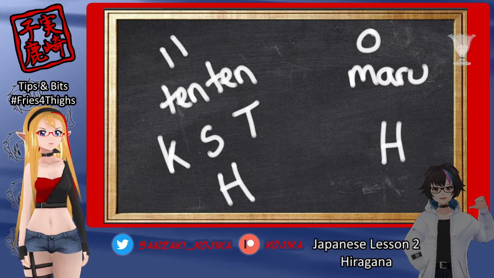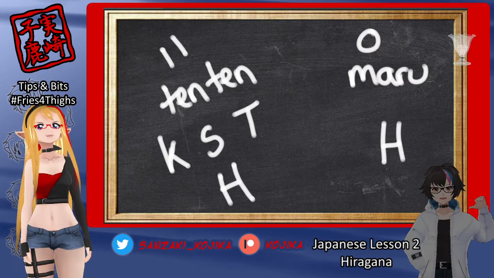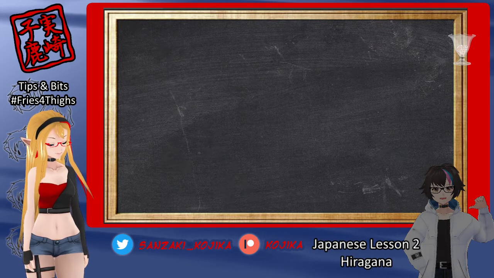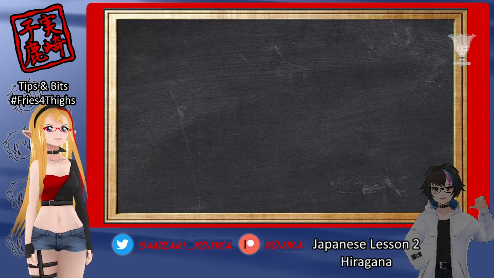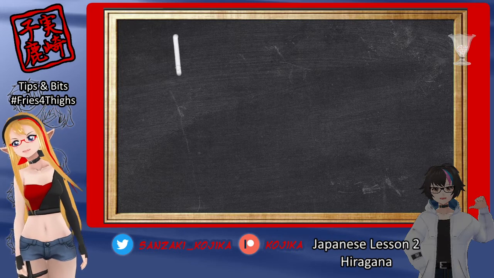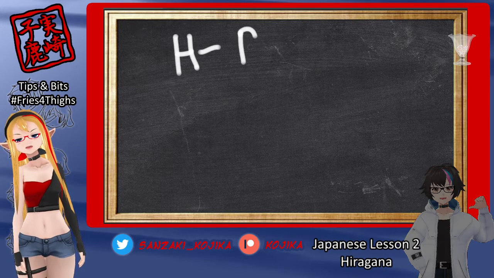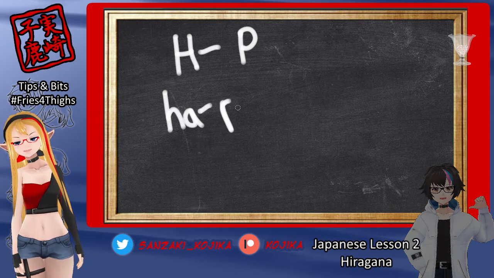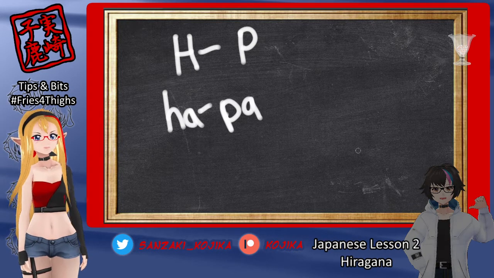So the H gets 2. Basically, it makes them become a different letter. We'll cover Maru first because it's just one. What it does is it makes H become P. So instead of ha, it is now pa.